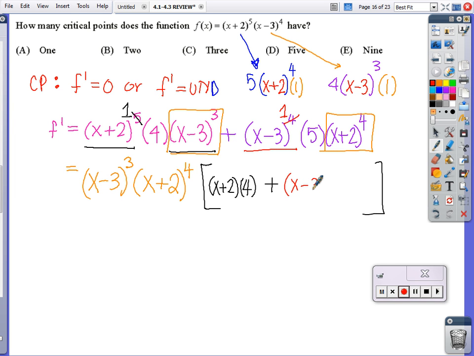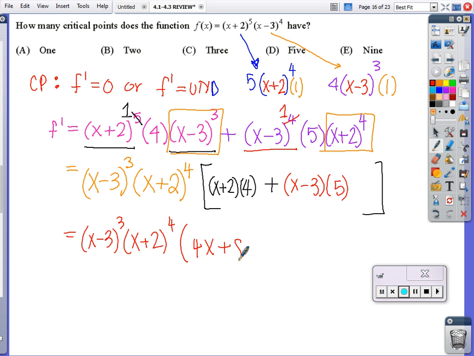We get (x minus 3) times 5. So what do we have here? We have (x minus 3) to the 3rd times (x plus 2) to the 4th times 4x plus 8 plus 5x minus 15. And this part here becomes 9x minus 7.